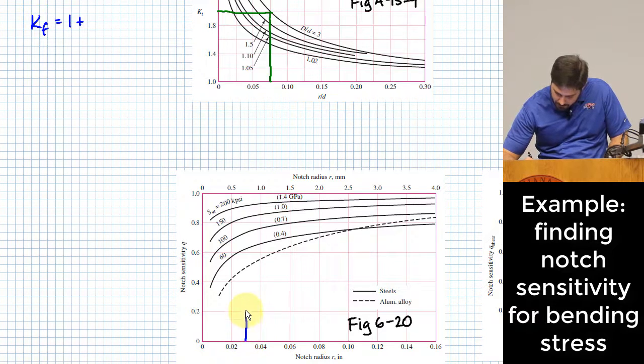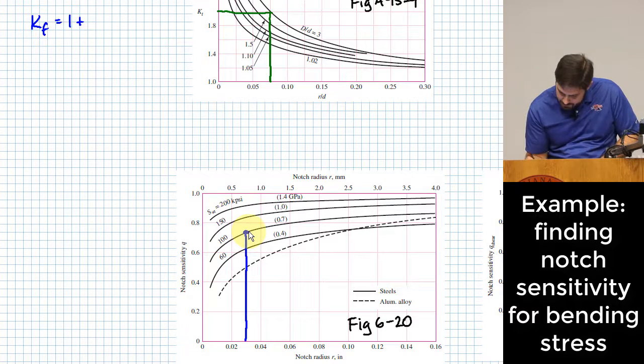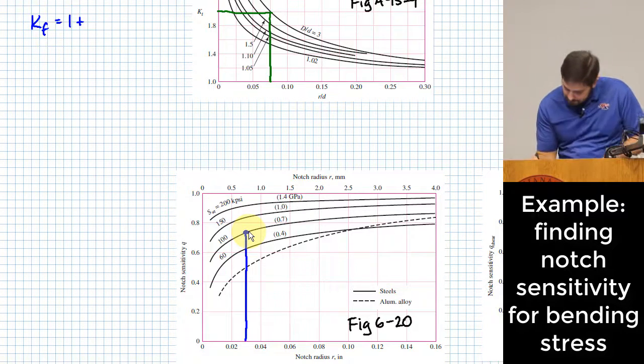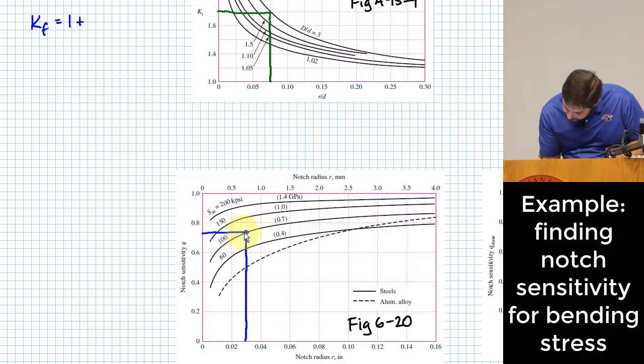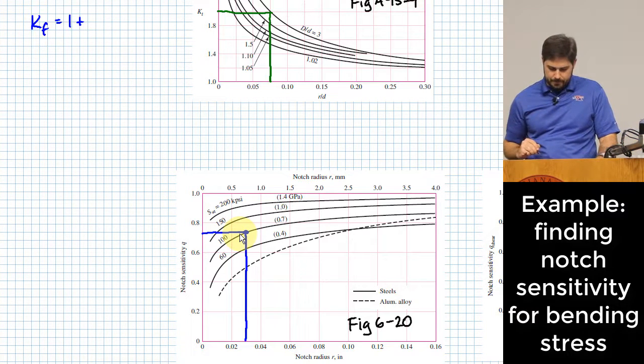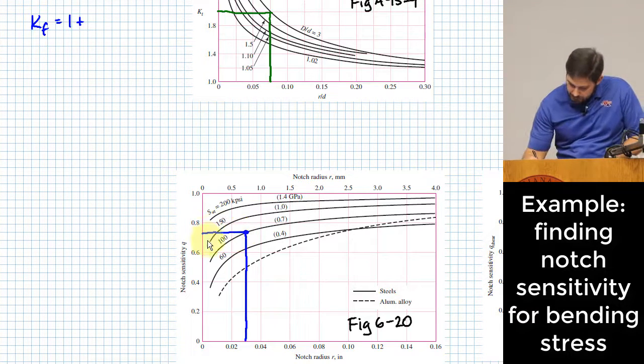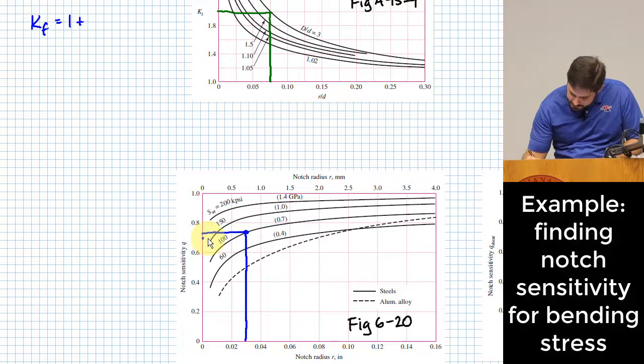0.03. What's my ultimate strength? 100 ksi. I end up right here, and if I read over, right here is 0.7.